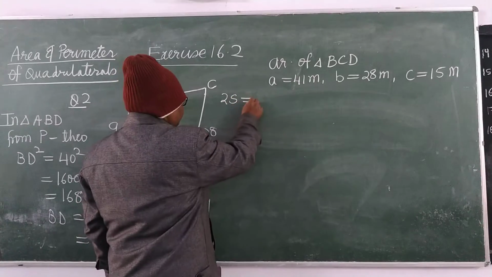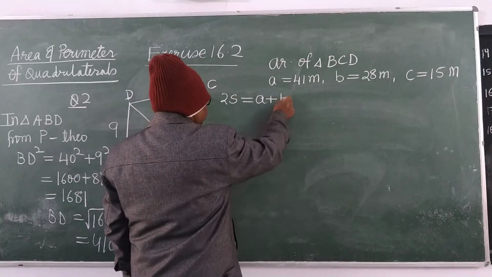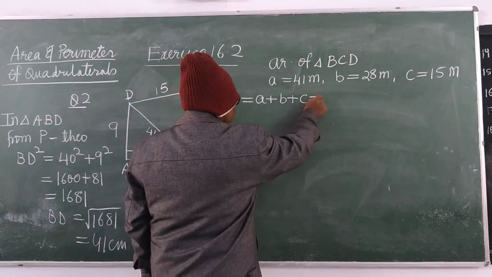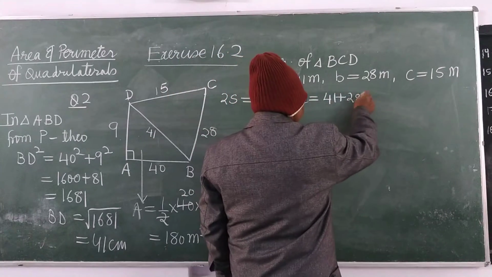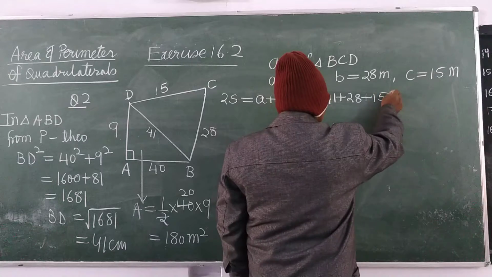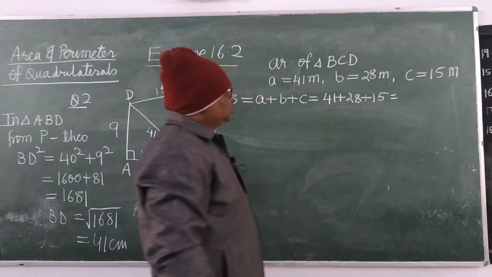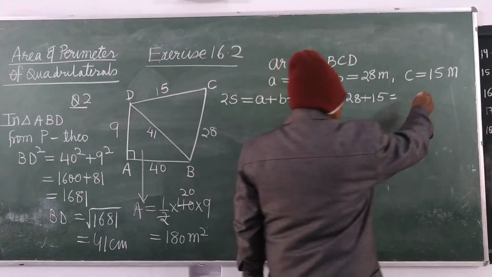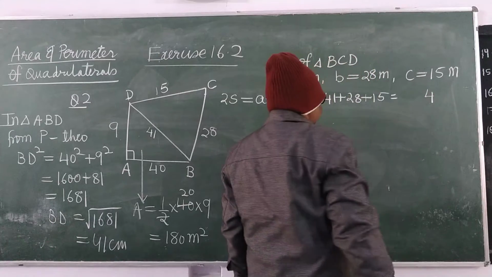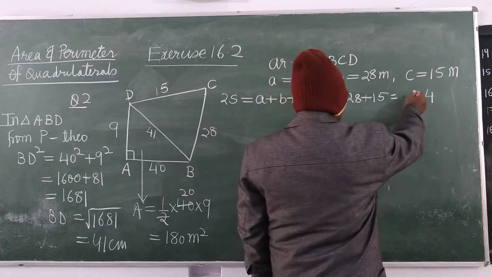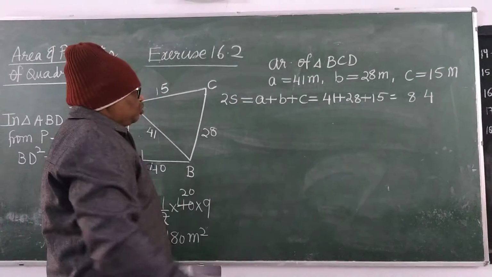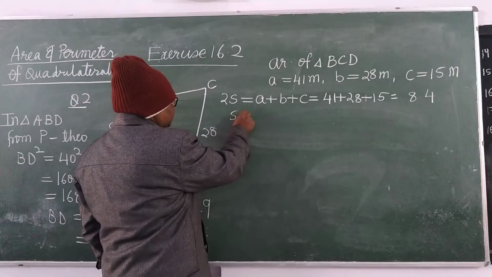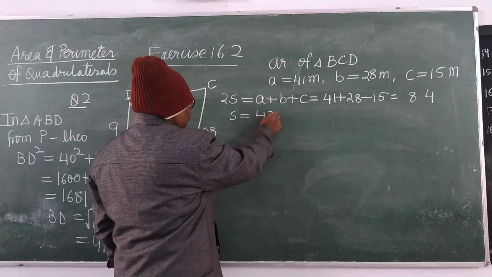It is equal to A plus B plus C. So this is 41 plus 28 plus 15. So it is equals to 84. So what is S here? S equals to 42 meter.